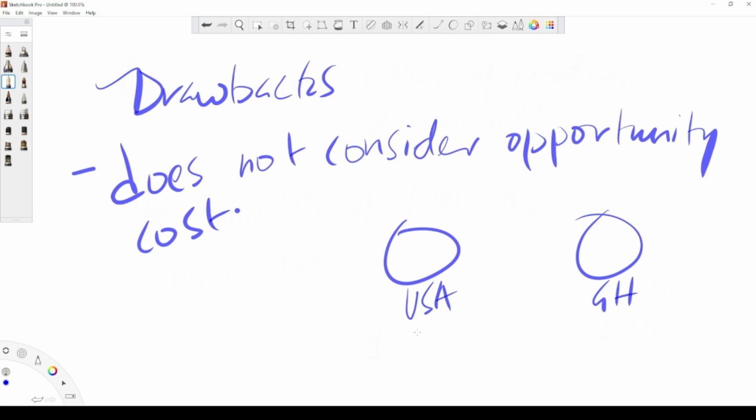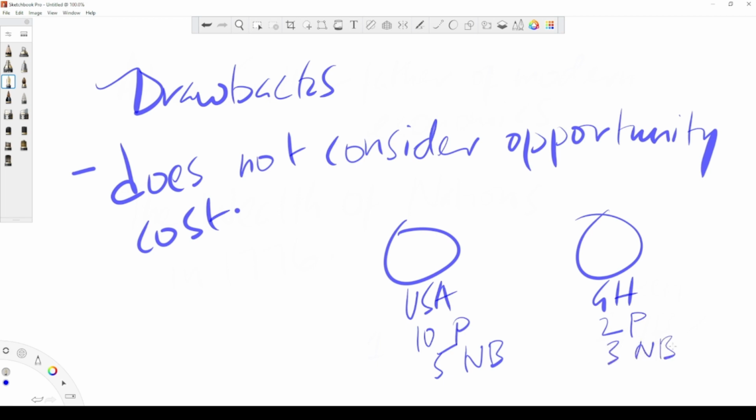What if USA has an absolute advantage in producing both pens and notebooks? So the US can produce 10 pens and 5 notebooks, and Ghana can just produce 2 pens and 3 notebooks.